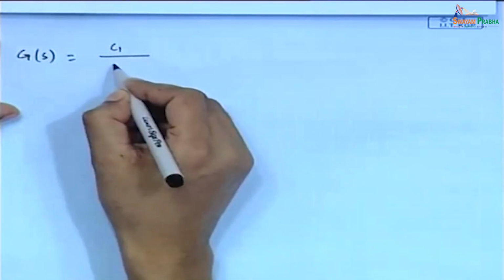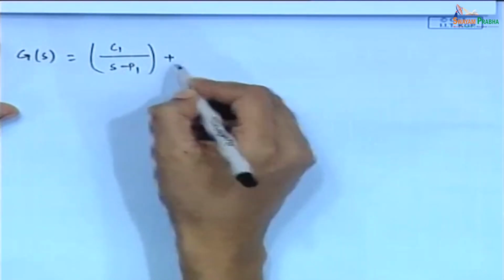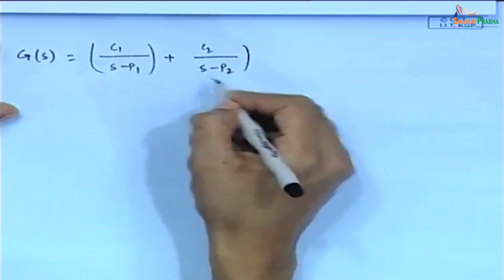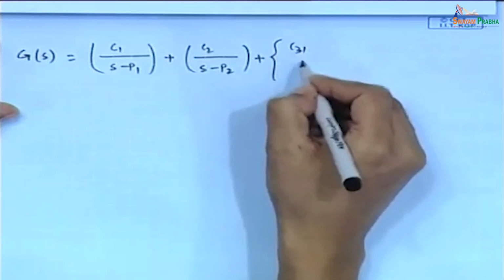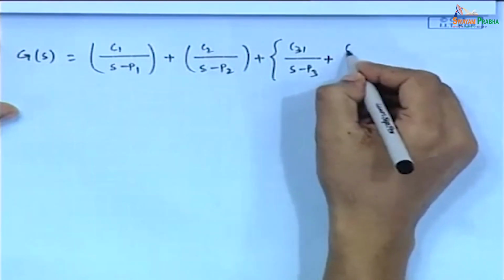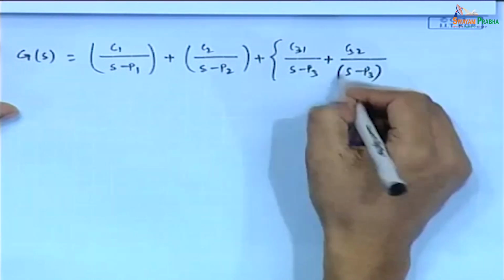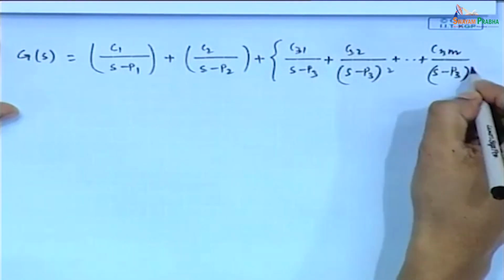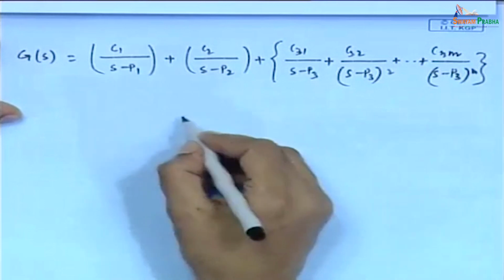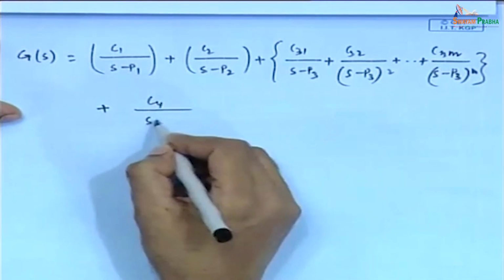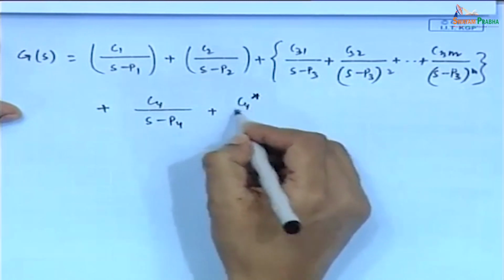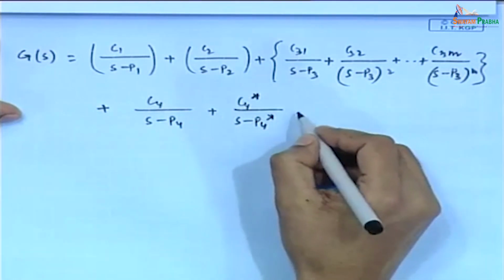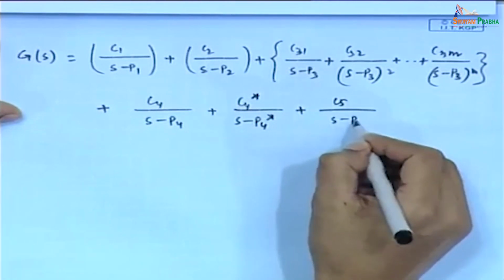I am writing again that G(s) equals C_1 over (s minus p_1), C_2 over (s minus p_2) plus C_31 over (s minus p_3), C_32 over (s minus p_3) whole square, last term is C_3m over (s minus p_3) whole to the power m plus C_4 over (s minus p_4), C_4 star over (s minus p_4 star) plus C_5 over (s minus p_5).